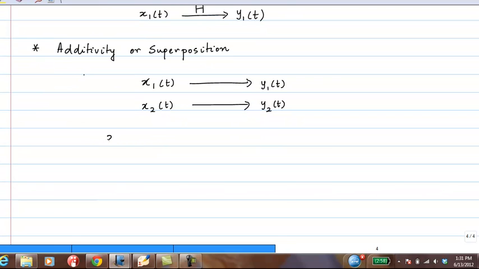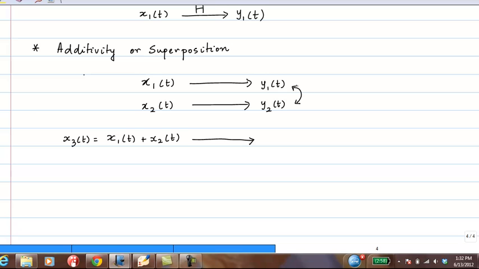then if I consider a third input, let's call it x3 of t, which is actually the sum of x1 of t and x2 of t, and the output corresponding to x3 turns out to be equal to y1 plus y2, then we say that the system satisfies the superposition property.